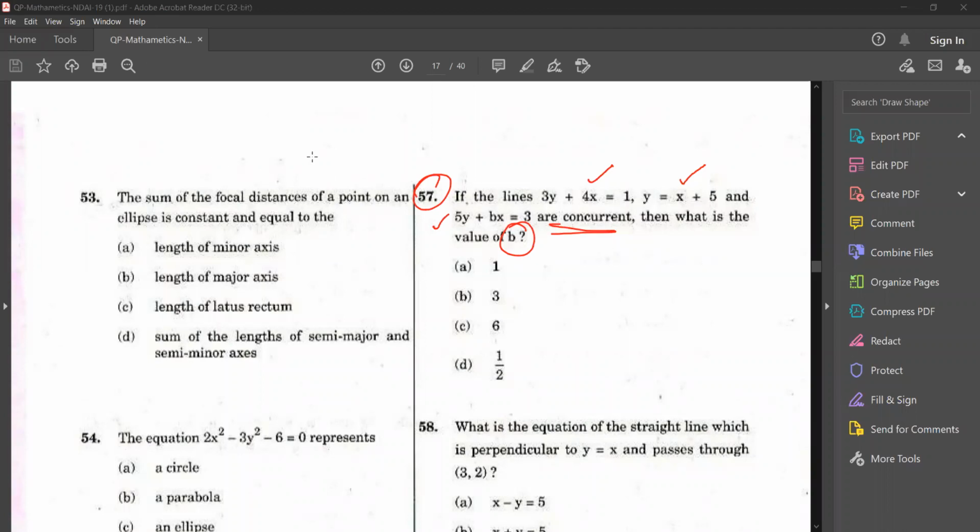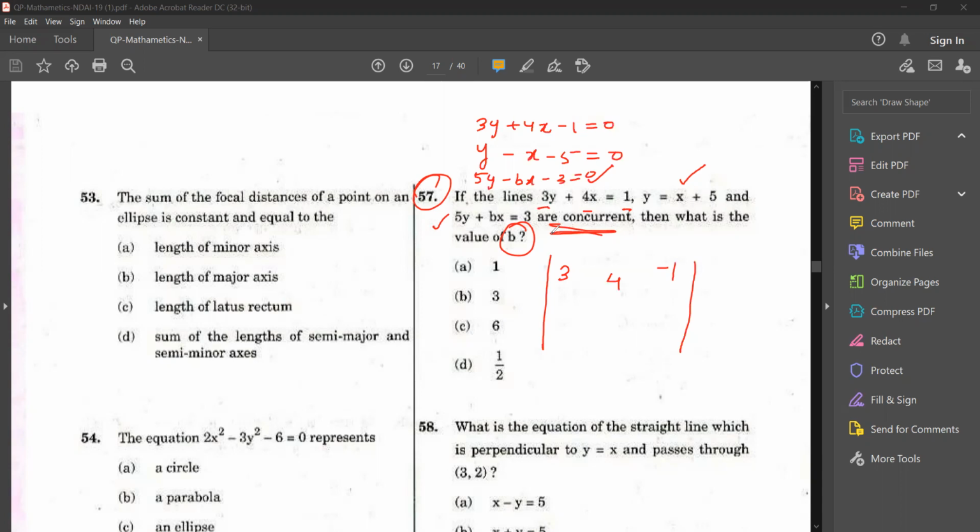So the property of lines is such that if three lines are concurrent, we can write coefficients as a determinant. I'm rearranging the equations as 3y plus 4x minus 1 equal to 0, y minus x minus 5 equal to 0, then 5y plus bx minus 3 equal to 0.